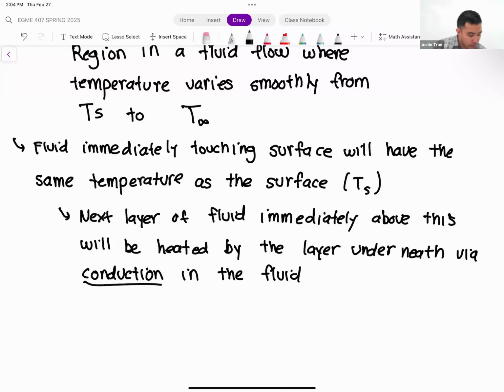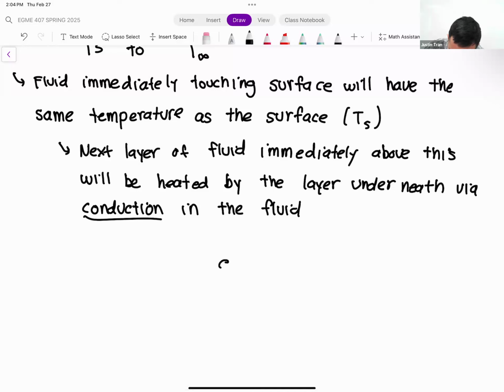Okay. And so we can write a formula for that. So we can say that QS, I'm going to do heat flux, just so that the concept of area isn't a little bit hard to interpret when you go on that micro scale. So the upward heat flux from the surface to the different layers of fluid is equal to minus Kf, where Kf here is the thermal conductivity of the fluid, multiplied by the temperature rate. So partial T, and in this case, in the y direction, partial T, partial y.